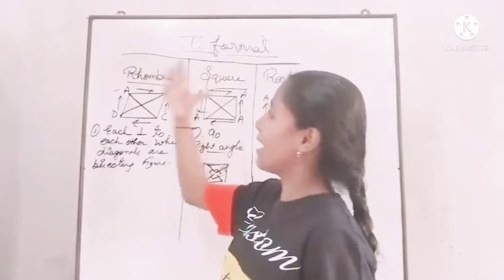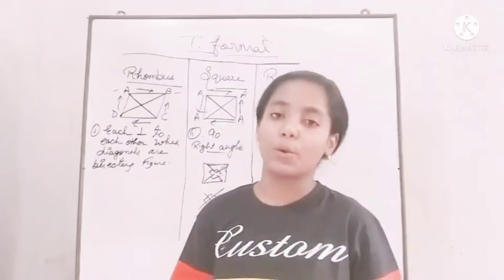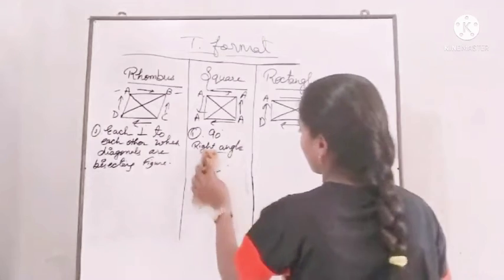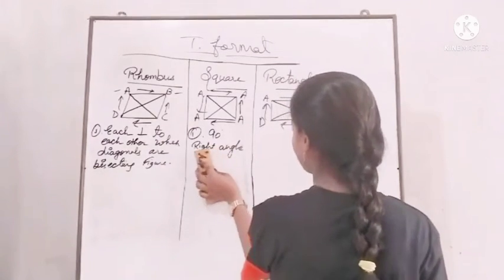But when the diagonals bisect a rhombus, they give you perpendicular sides.